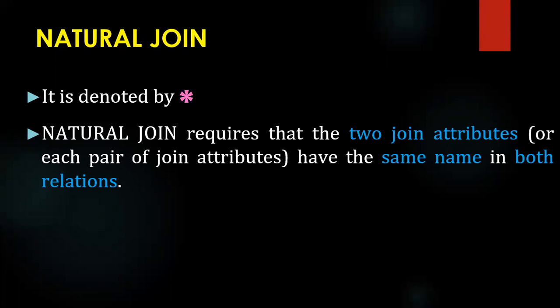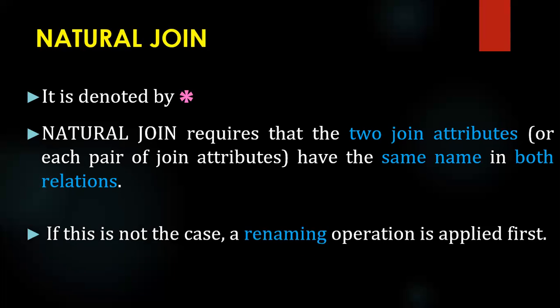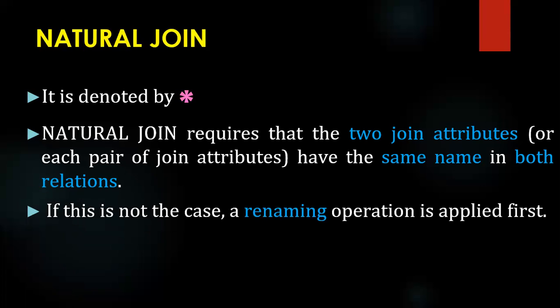So whenever we are applying natural join, the two tables should have the same name in both relations. Sometimes, assume that in both tables I have department number, but in the employee table I have used DNO and in the department table we have used DNUMBER.